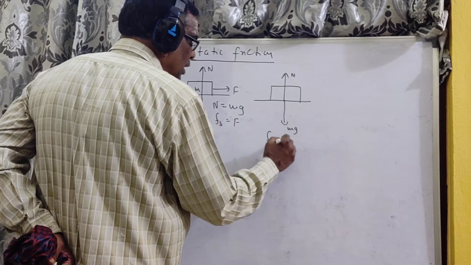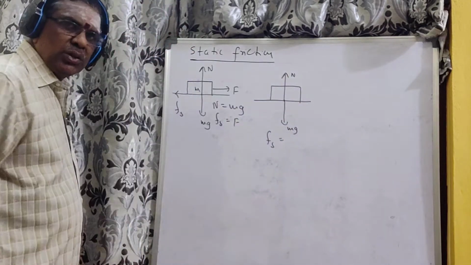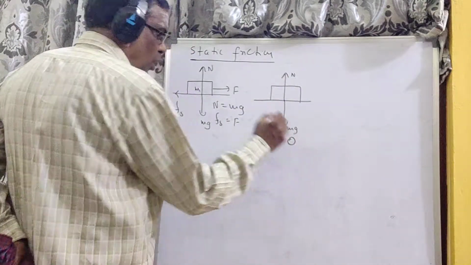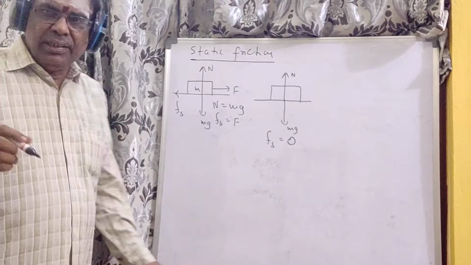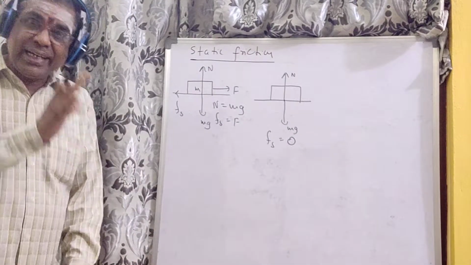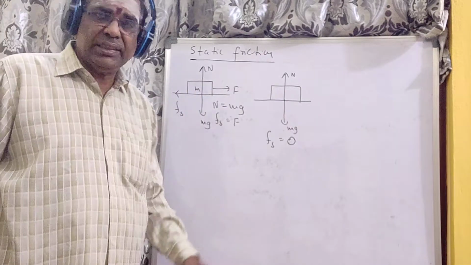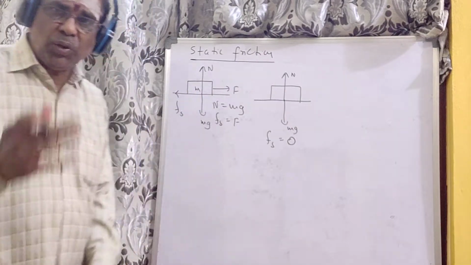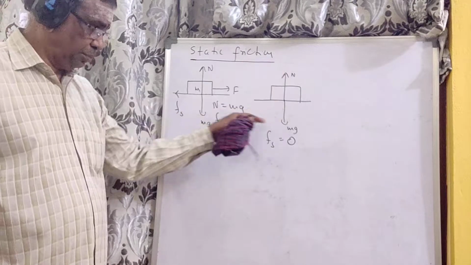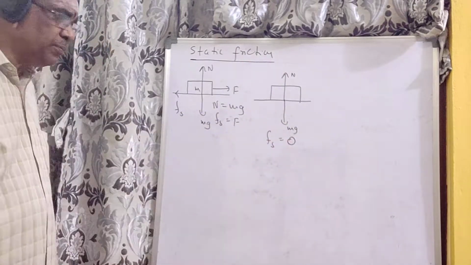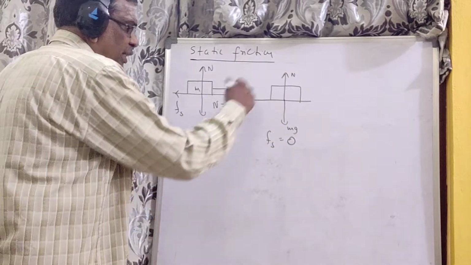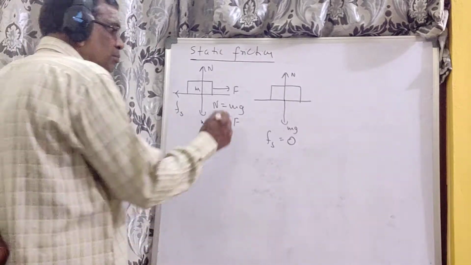What is Fs here? There is no force to displace this body. Always look for that: does any force act, lurking, hidden, not visible, to displace this body? If so, find out what it is. There's nothing lurking there. Straightforward.